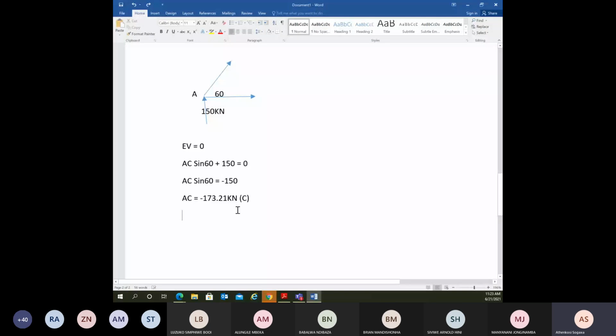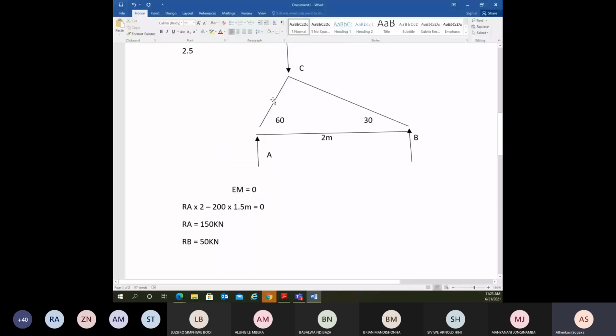I've determined AC. Therefore, your AC is 173.21 kilonewtons, which is what this member carries.